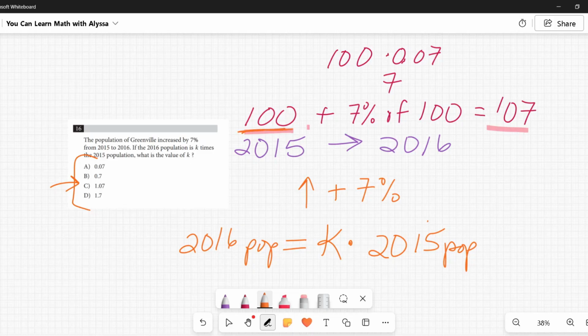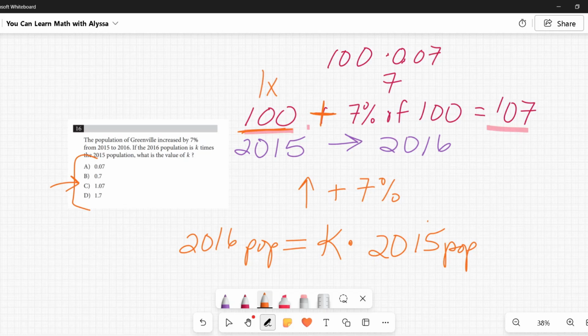It was 100 plus 7% of 100, or 100 times 0.07. What if I didn't know the population? I didn't know what it was. It was an unknown. I'm going to refer to this population, the unknown, as x.